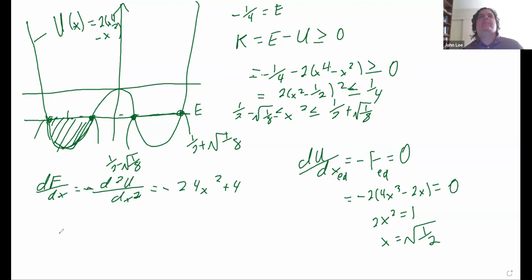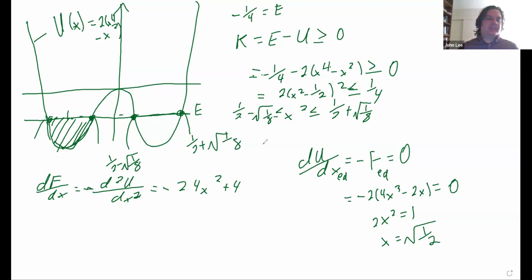Sorry, I've been talking for a while. If dF/dx is positive, then that means that the force is going to be pushing the particle, the object, the whatever, out of the equilibrium point. And if it's negative, then it's going to be pushing it back towards the equilibrium point as it goes out.